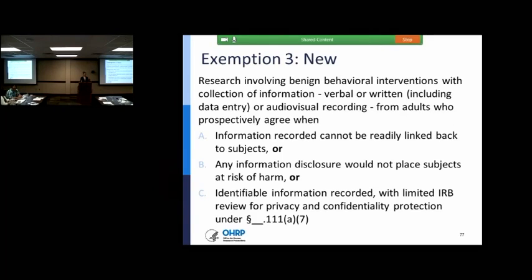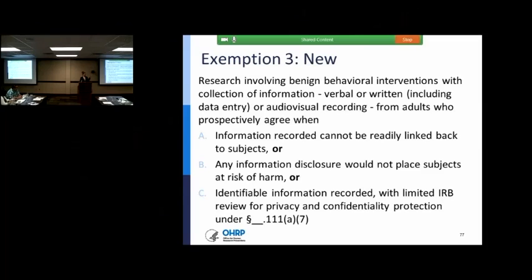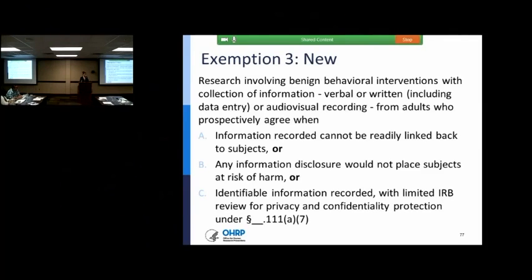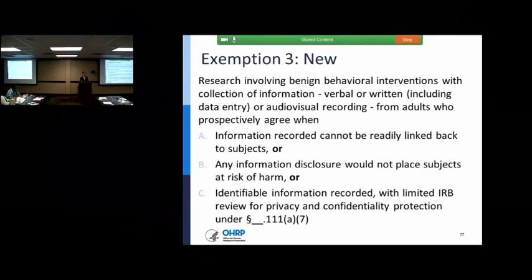So you might recognize these 3 points from the previous exemption, and it's going to operate very similarly.